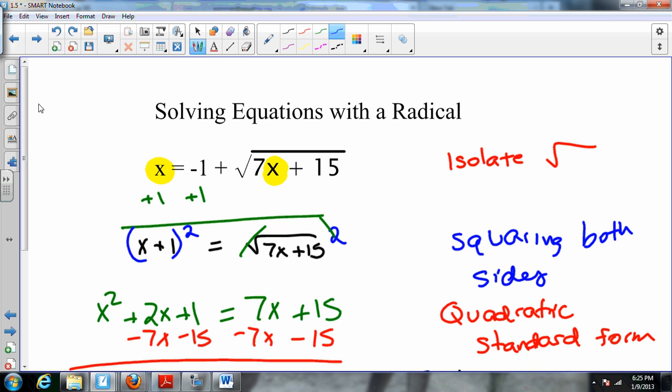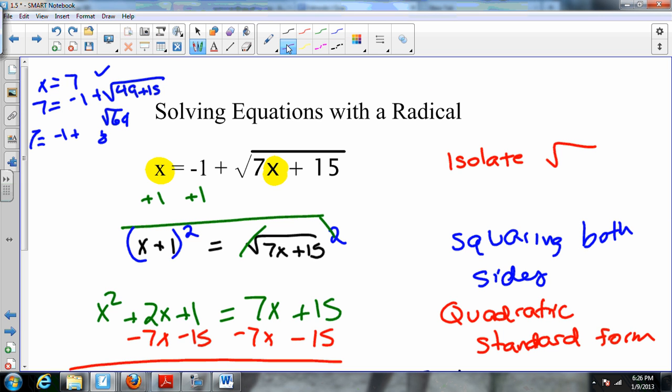I'm going to go to the upper left corner. When x is 7, we get 7 equals negative 1 plus root 49 plus 15. That goes to 64. Square root of 64 is 8. 8 plus a negative 1 is 7. So 7 works.